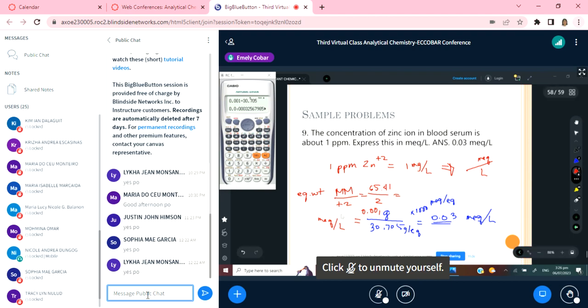Now, equivalence per liter yun. And how do you make it milliequivalence? In one equivalence, there are 1,000 milli-equivalent. Yun naman ang definition ng milli, di ba? So if we multiply this by 1,000, tingnan nyo kung ano makukuha.